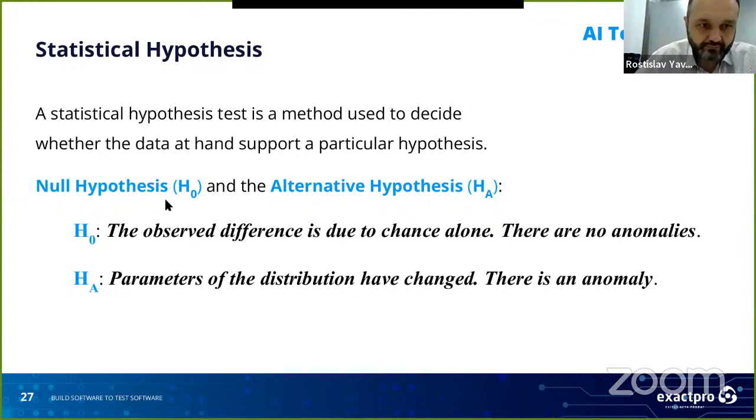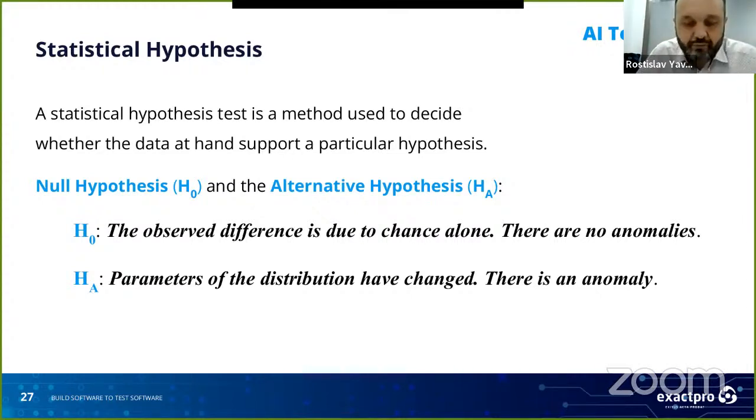So usually to use this method, you need two hypotheses. The first is called the null hypothesis, and it assumes that everything is stable. It's stable, like we have normal behavior, so the observed difference is due to chance alone, and there are no anomalies.